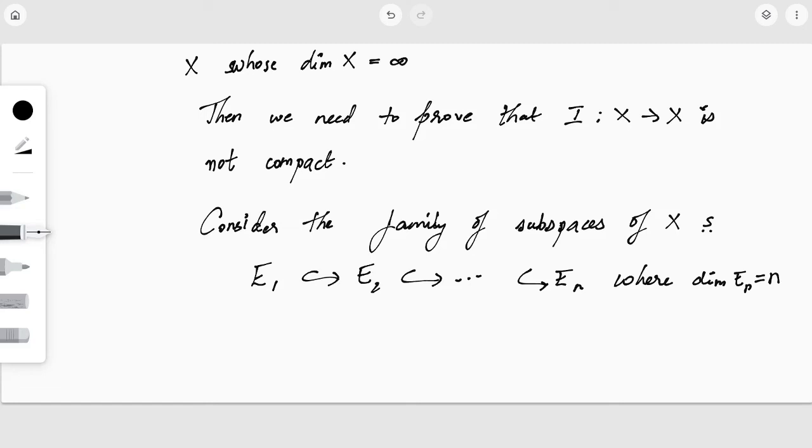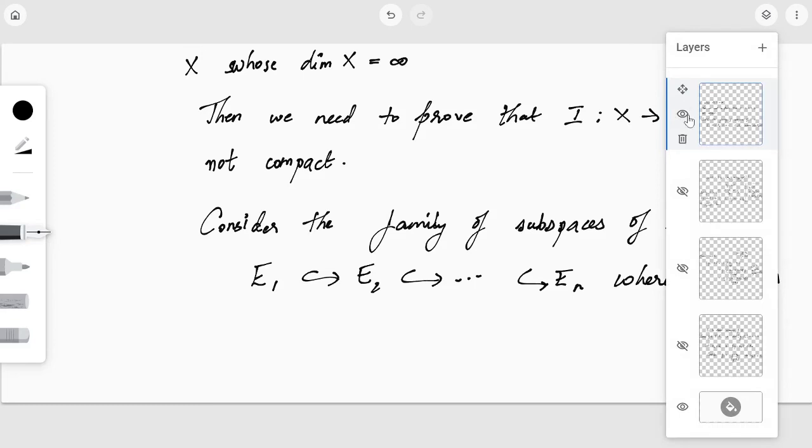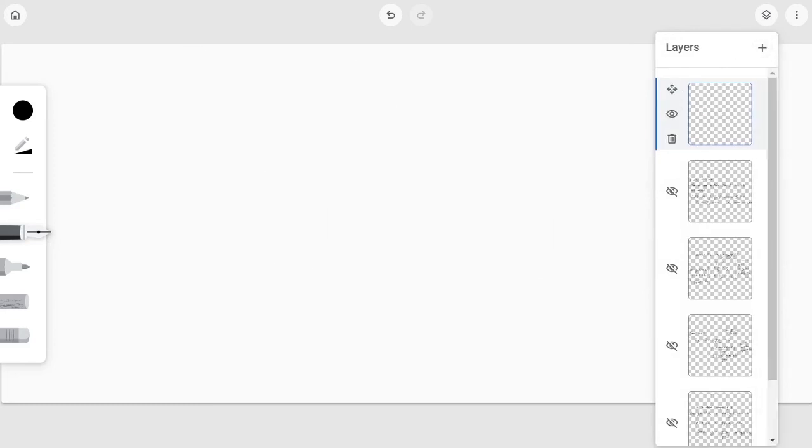Now we have a result in linear algebra that finite dimensional subspaces will always be closed. I'm not going to go for the proof of it, you can just verify it.